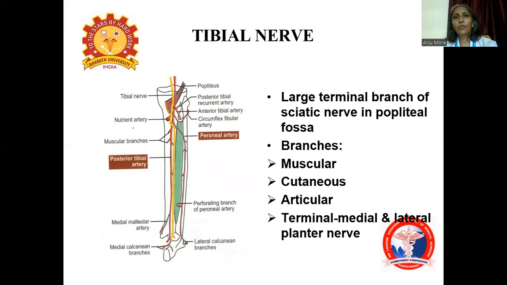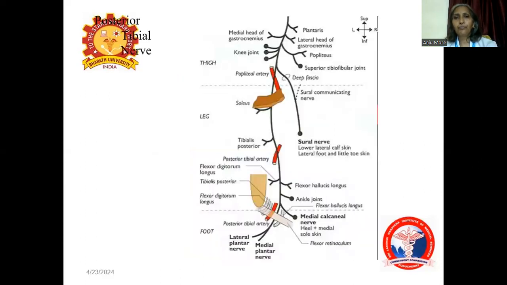The branches of the tibial nerve in this region are muscular branches to the muscles, cutaneous branches to skin, articular branches to the joint, and the terminal branches after passing beneath the flexor retinaculum in the sole as the medial and lateral plantar nerve, which accompany the medial and lateral plantar artery, the terminal branches of the posterior tibial artery.